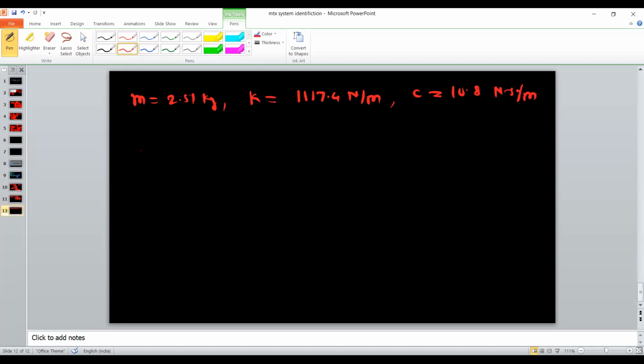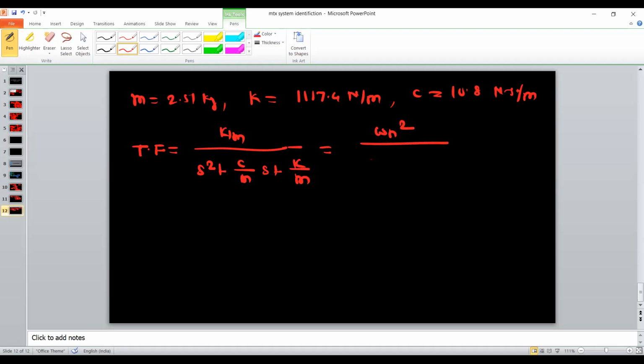Okay, so we can write the transfer function. This is equal to K upon M divided by S square plus C upon M S plus K upon M. Okay, which is equal to omega n square divided by S square plus 2 zeta omega n into S plus omega n square. Okay.